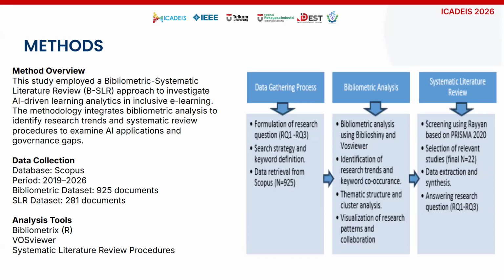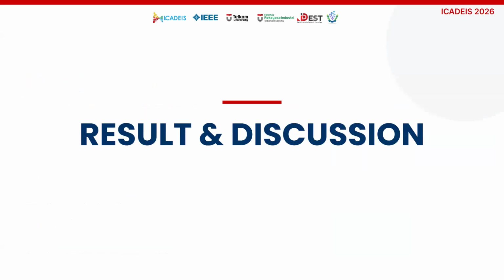Then we also follow the PRISMA protocol, and we synthesize the systematic review to a final 22 documents. So the data extraction and synthesis are used to answer research questions one until three. Next.